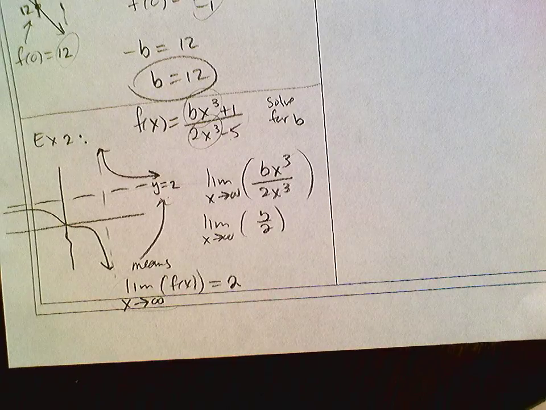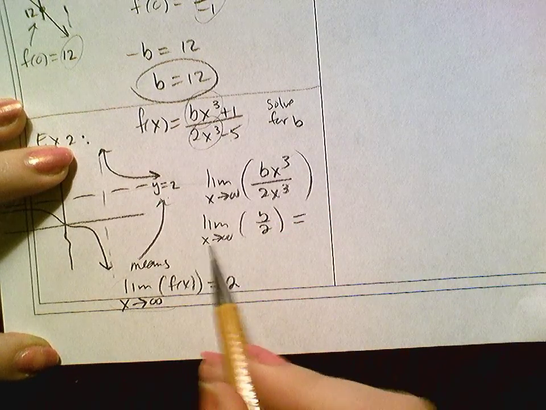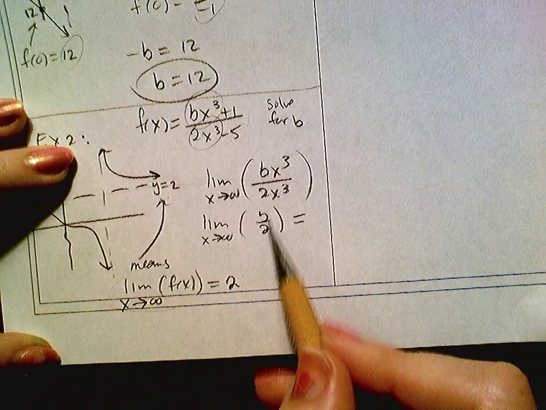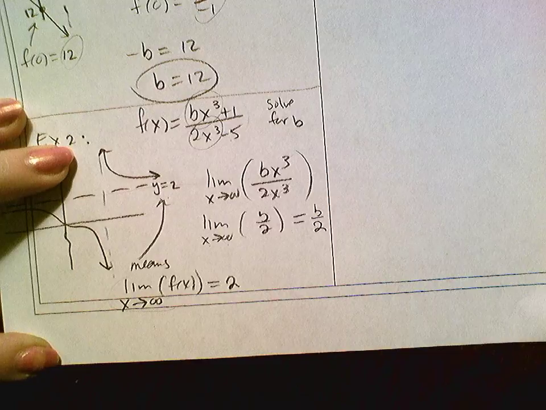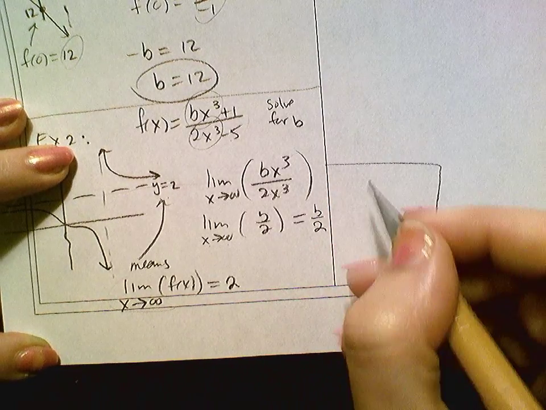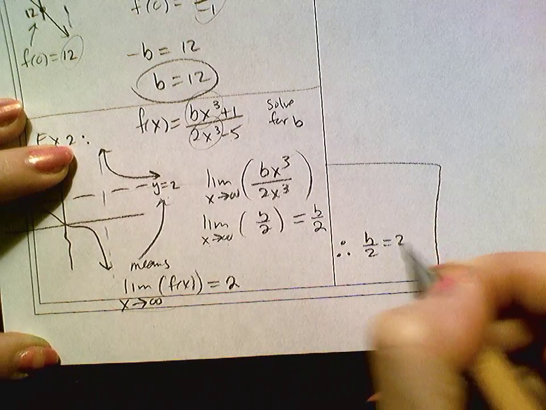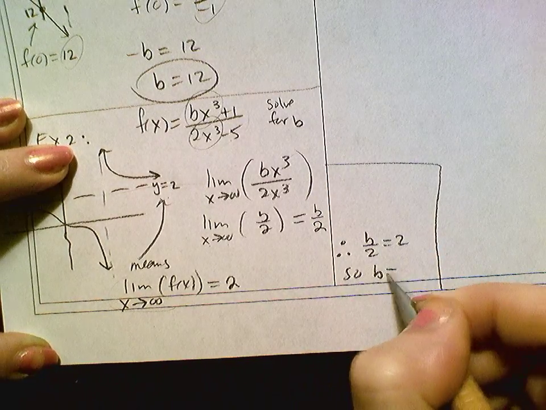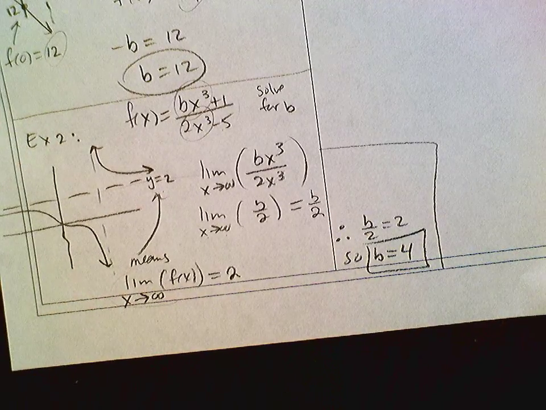Now, b is a constant, and 2 is a constant. So as x gets bigger and bigger, b and 2 don't change at all. So that's just b over 2. Therefore, b over 2 equals 2. So b equals 4. And then there is the similar example.